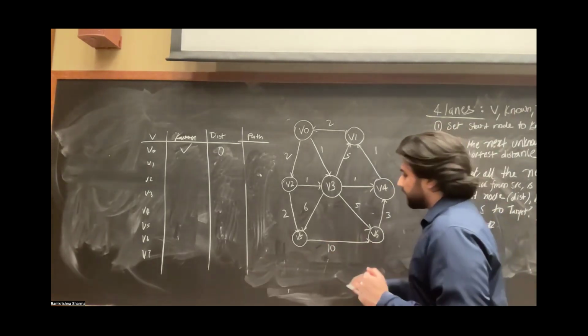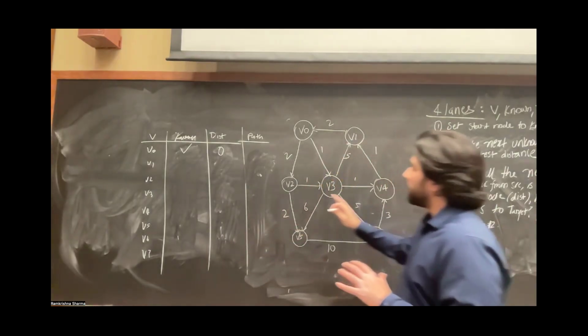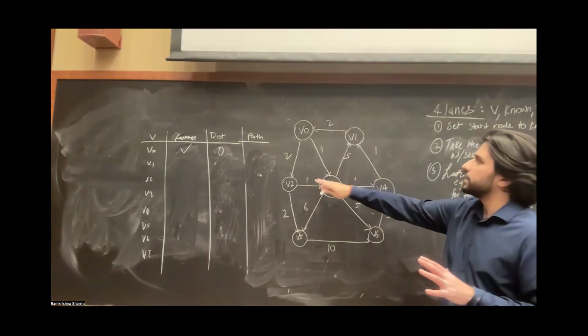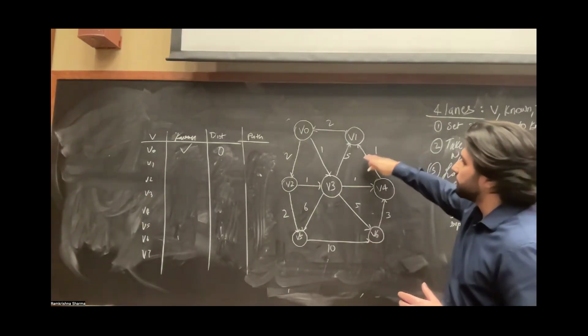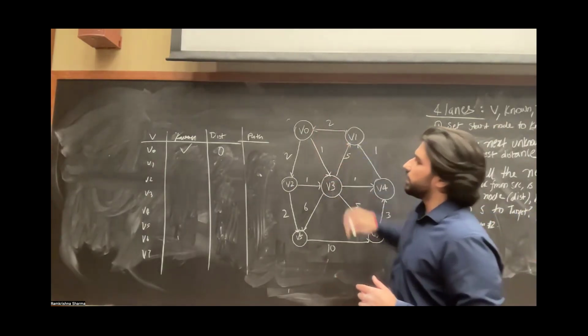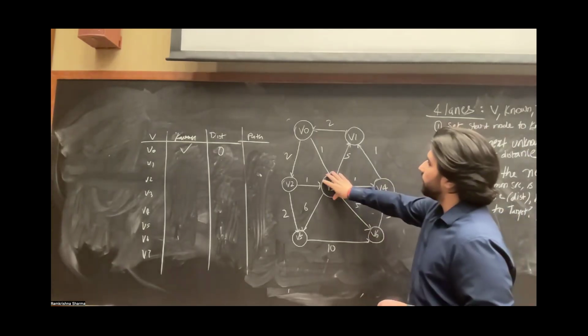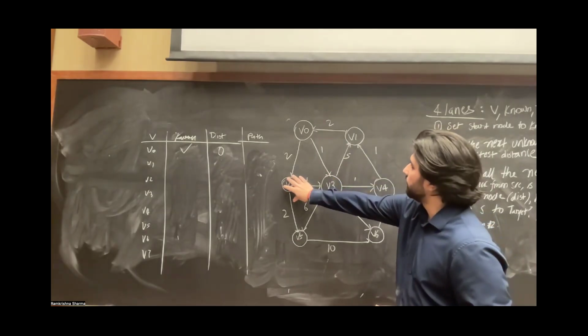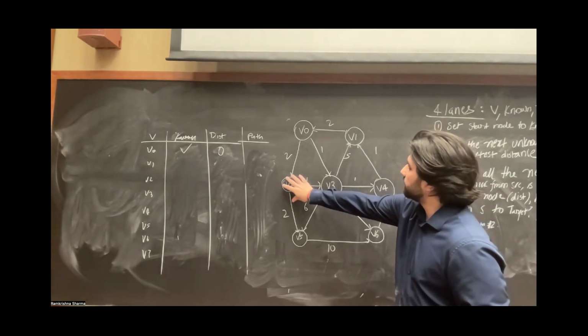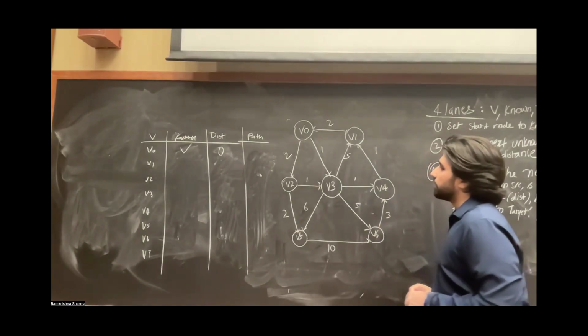Then we begin, as part of the algorithm, by looking at all the nodes that emanate from the node we're on. As you can see, we have V3 and V2, and that is about it.